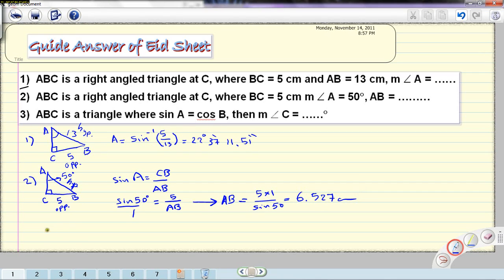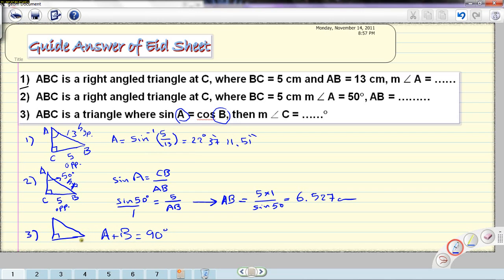Question number 3. It says ABC is a right angle triangle, and it doesn't say where the right angle is, but okay, I'm gonna draw a right angle triangle, and it says sine A equals cosine B. We have a rule: if the sine of an angle equals the cosine of another angle, then the sum of these two angles is 90, which means that A plus B equals 90.